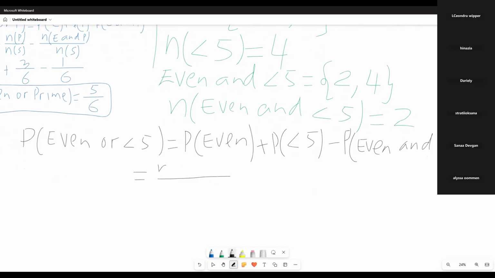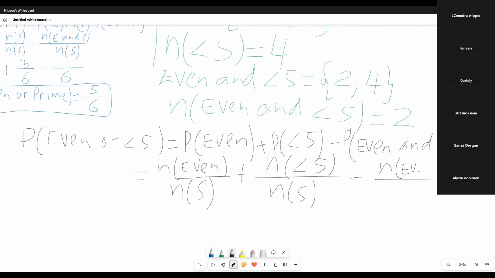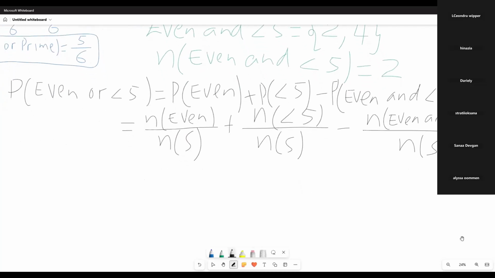P of even is n of even over n of S, plus P of less than 5 will be n of less than 5 over n of S, minus n of even and less than 5 over n of S. N of even got 3.